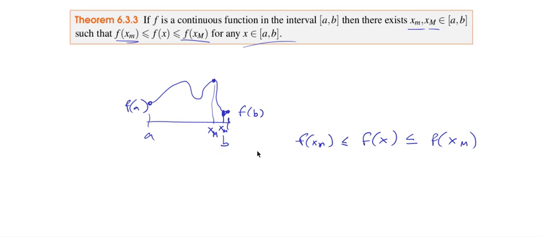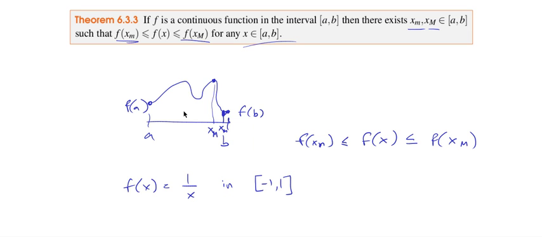And in order to see how important this is, take for instance the function 1 over x. Suppose we're thinking about this function on minus 1 to 1. Well, this function is not continuous, because at 0 there's a singularity, an asymptote.